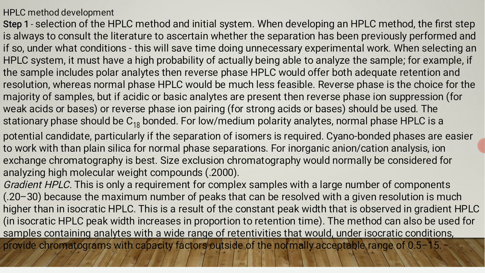This is a result of the constant peak width that is observed in gradient HPLC. The method can also be used for samples containing analytes with a wide range of retentivities that would, under isocratic conditions, provide chromatography with capacity factors outside of the normal acceptable range of 0.1 to 15.